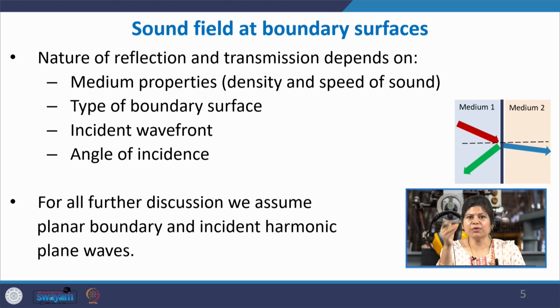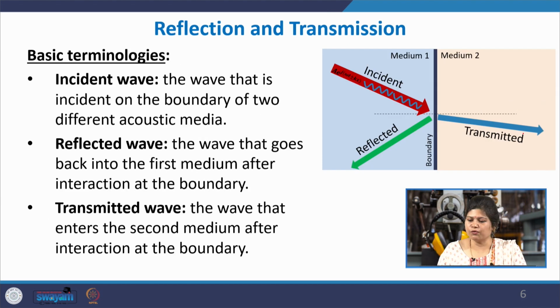Then you are introducing different media in its pathway, and you encounter this phenomenon, where some part of the wave reflects and some part transmits. You can use this phenomenon to your advantage and create the kind of acoustics you need for your particular problem or space at hand.